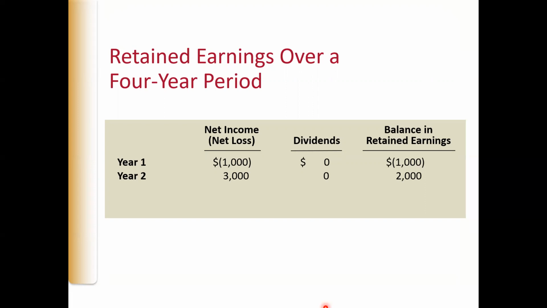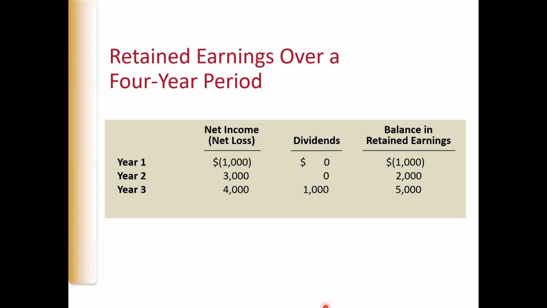If you take the 3,000 and you offset it with the negative 1,000 in year one, you end up with a balance of 2,000.